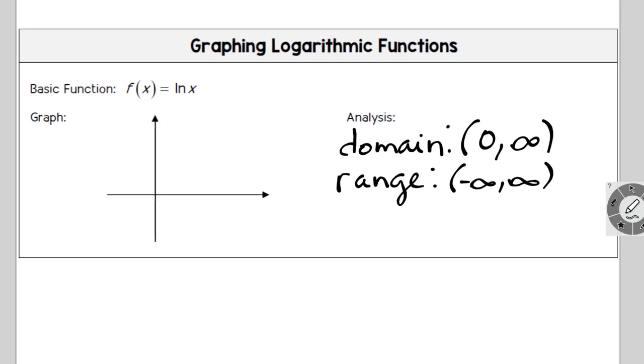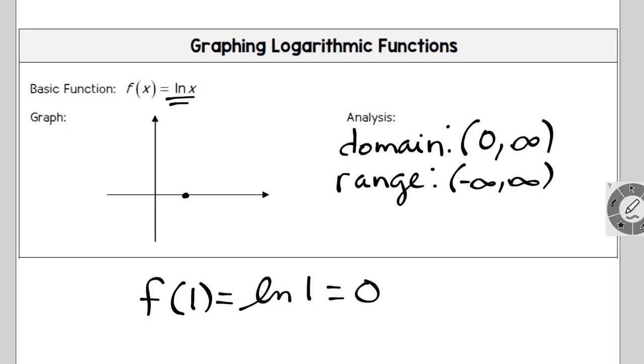Let's start taking a look at the graph. The point that's going to be on the graph for natural log of x: we know that natural log of 1 is 0.